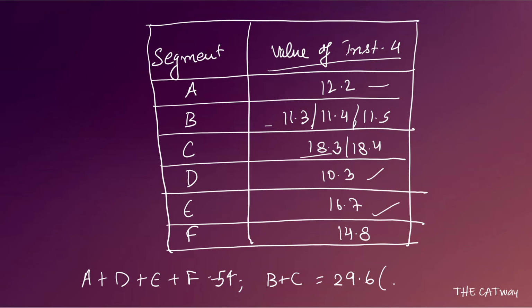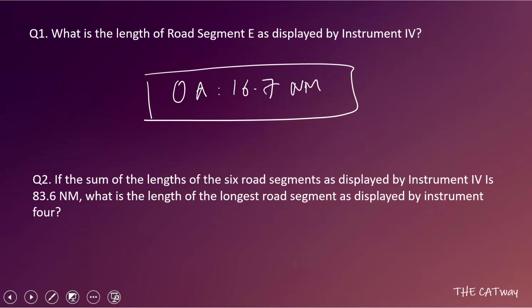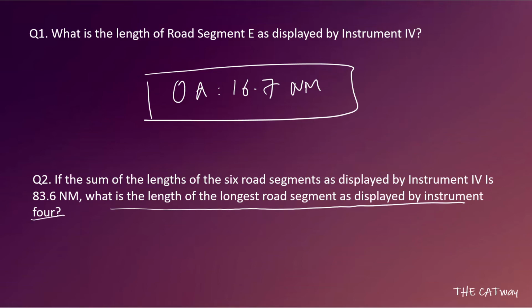So this can only be obtained if C is equal to 18.3 and B is equal to 11.3. So these are the only possible values for C and B. So the answer to this question, what was the length of the longest road segment displayed by instrument 4? It will be 18.3, which is the highest. So that will be your correct answer.